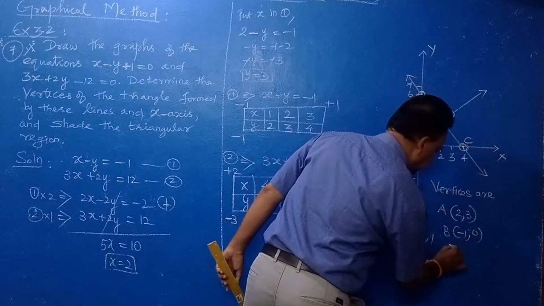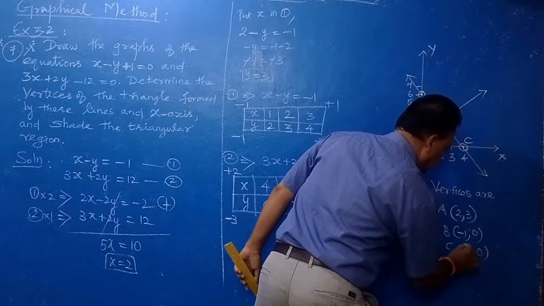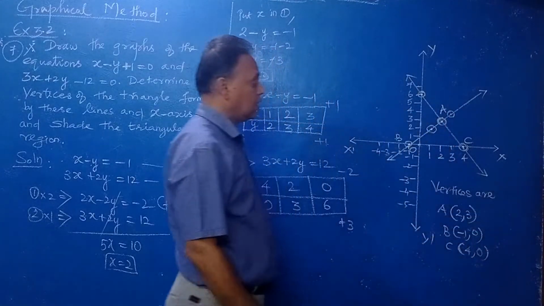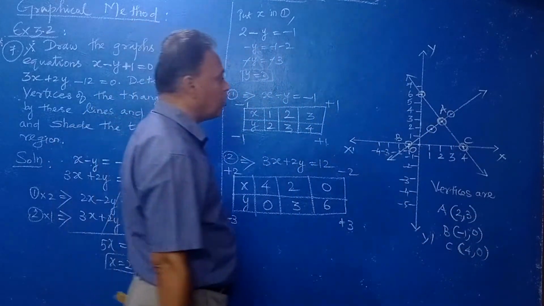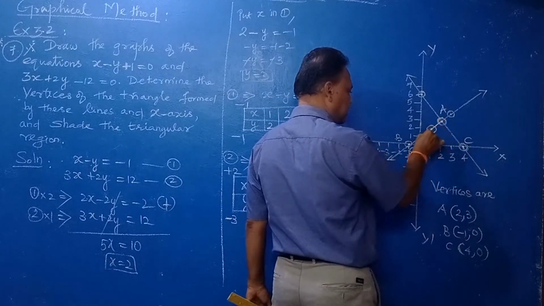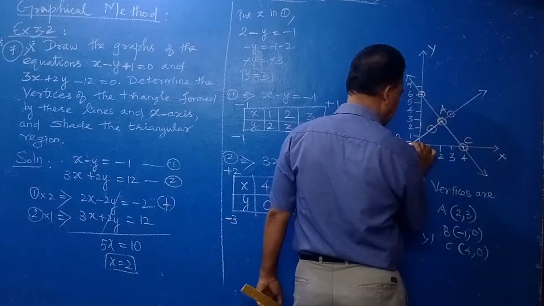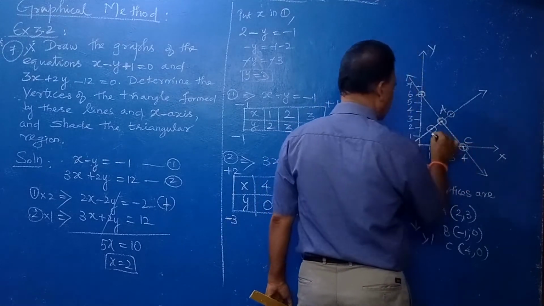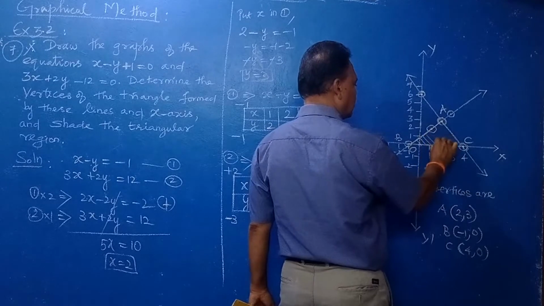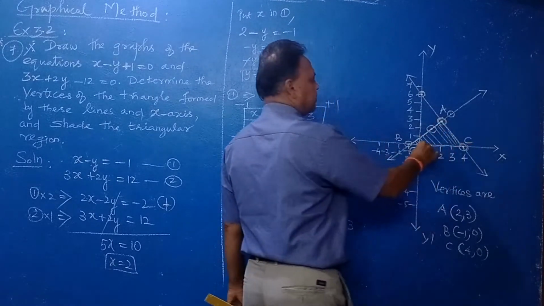Then C is (4, 0). These are the vertices of the triangle. Now we have to set the region. This is the triangular region. Now you shade the whole triangular region. Clear?